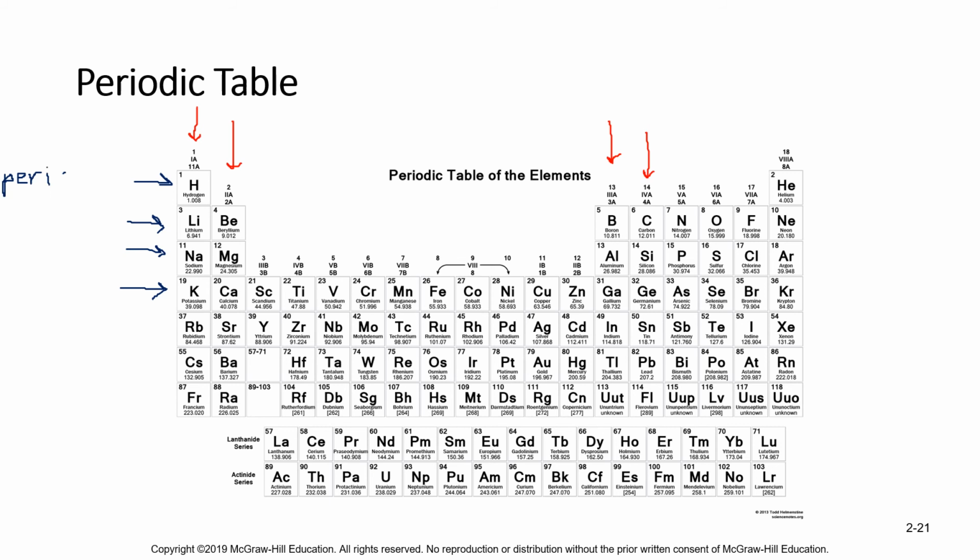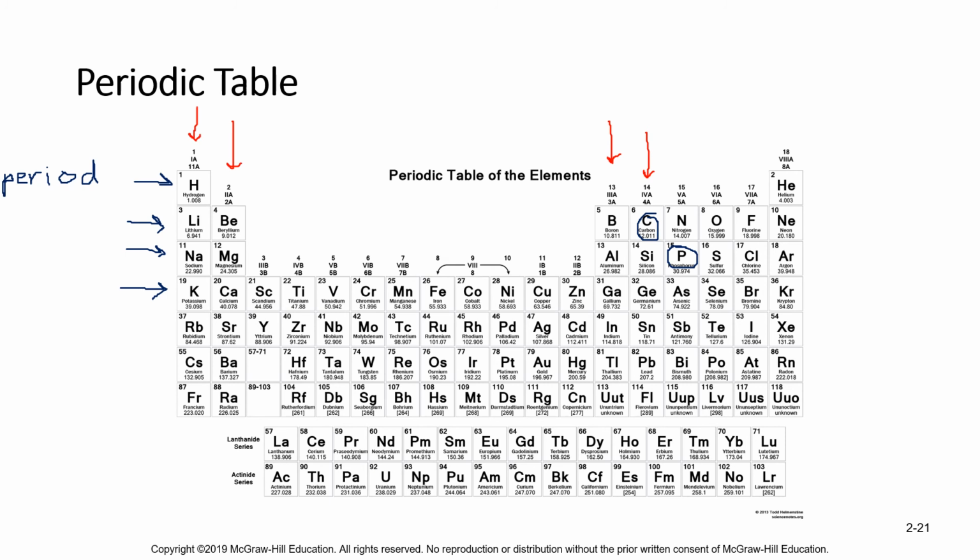And the period number tells you the number of electron shells. So hydrogen is in period 1. It has 1 electron shell. Carbon, right here, is in period 2. So it has 2 electron shells. Phosphorus, I think we looked at that one on the previous slide. It's in period 3, so it has 3 electron shells.